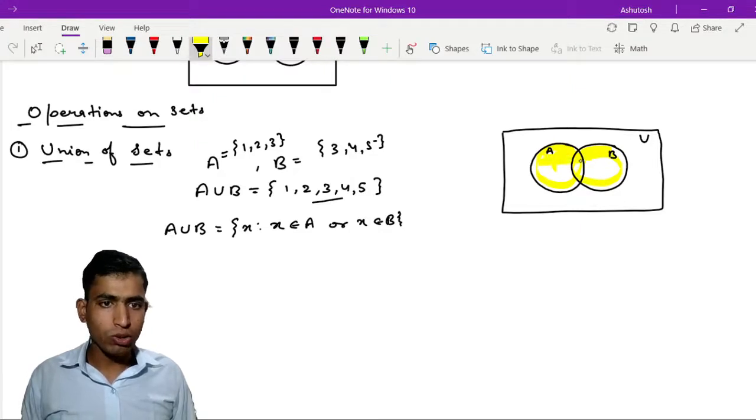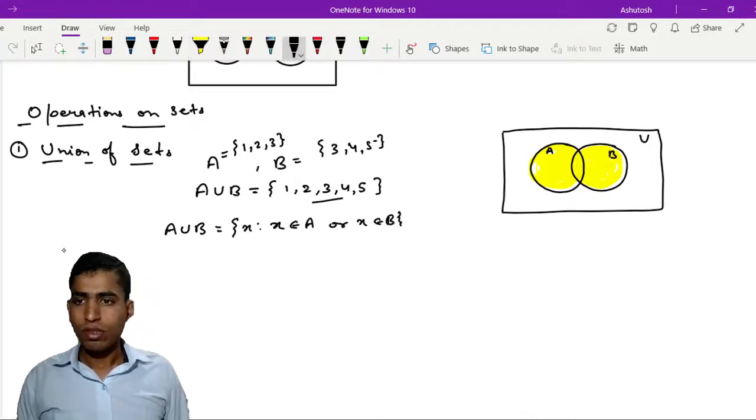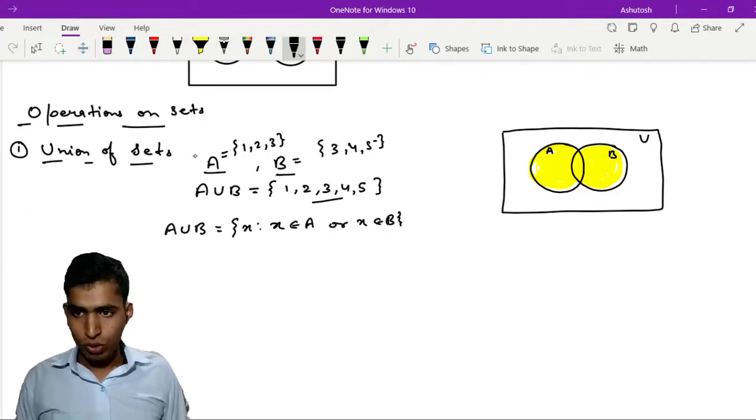There is no element left from A and B. So all this area, not outside A or B. I will take this example for further situations also, so keep in mind A and B.